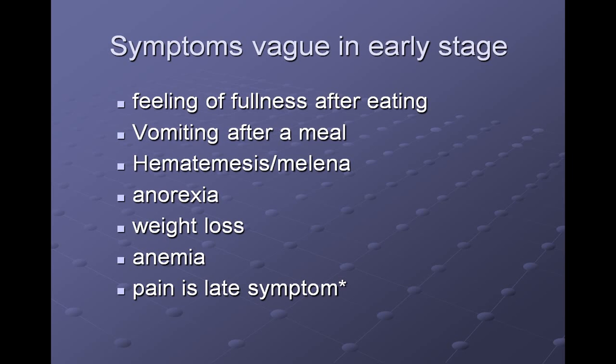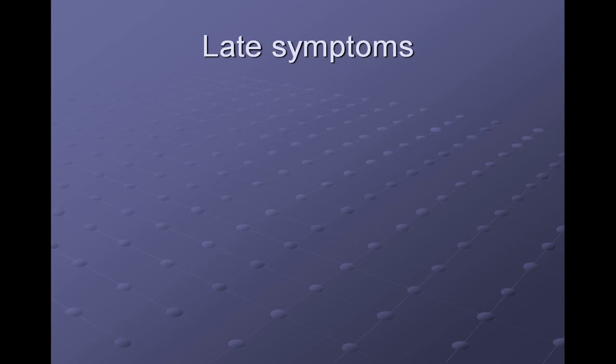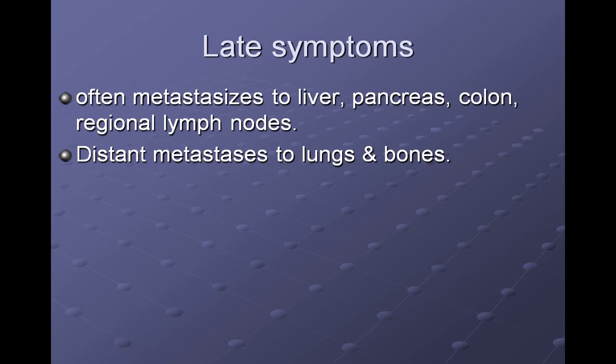You can see how easily these symptoms can result in the person not being diagnosed in a timely manner because they are so vague. Late symptoms include the problem often metastasizing to the liver, pancreas, colon, and regional lymph nodes with organ system involvement.